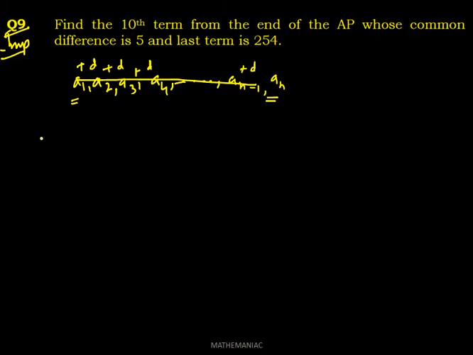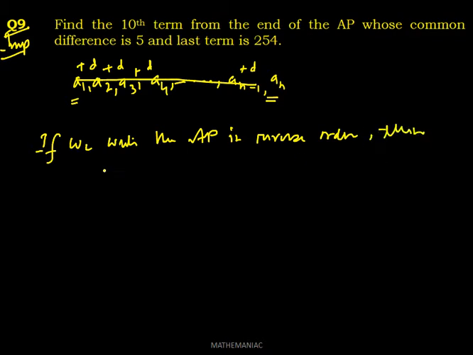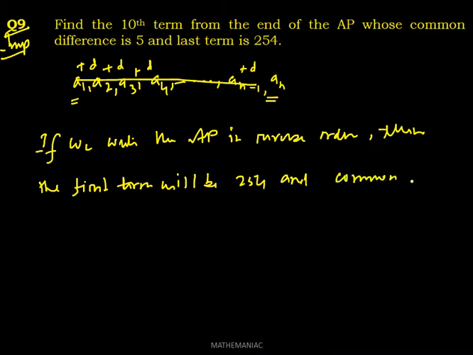So here what I'll write, simply will write, if we write the AP in reverse order, then the first term will be 254 and the common difference will be minus 5.